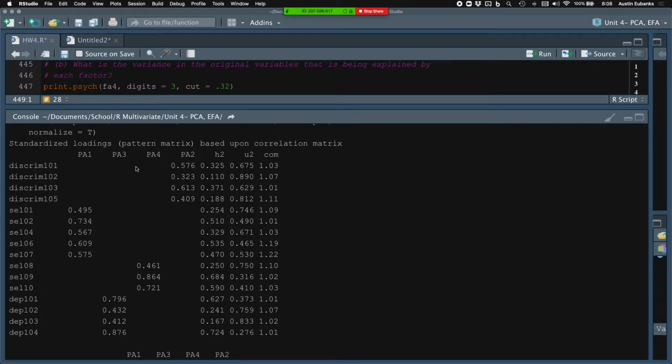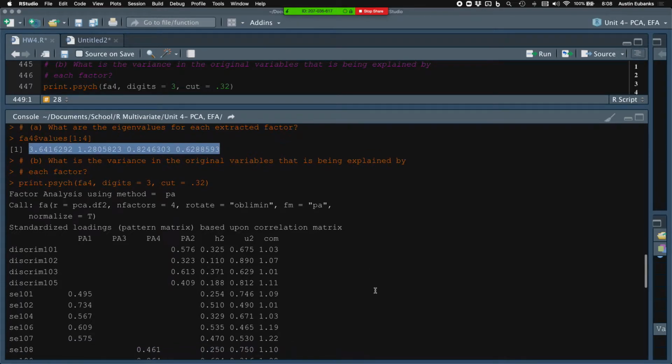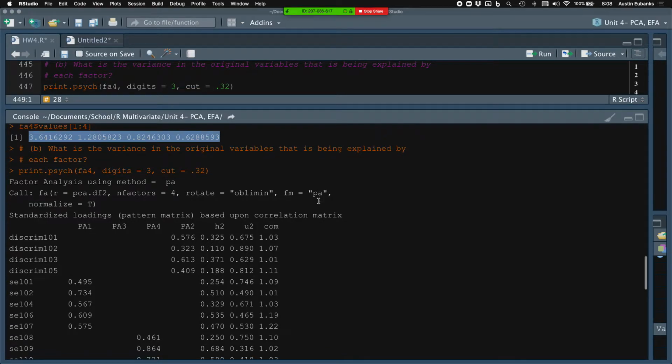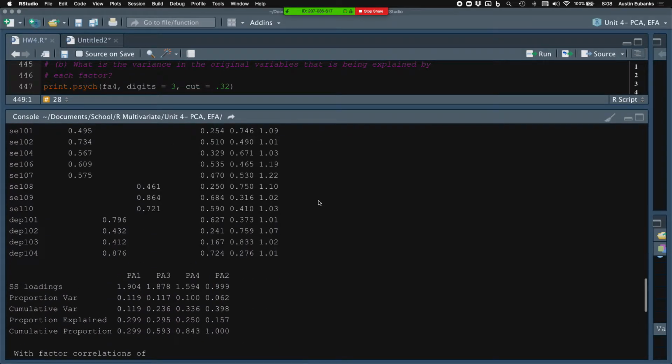That doesn't mean we over-extracted. The eigenvalues in EFA run on the smaller side than PCA, and that's why you always want to use parallel analysis or minimum average partial to figure out the extraction. It looks like we're good to go on reading through the output. Thanks, everyone.